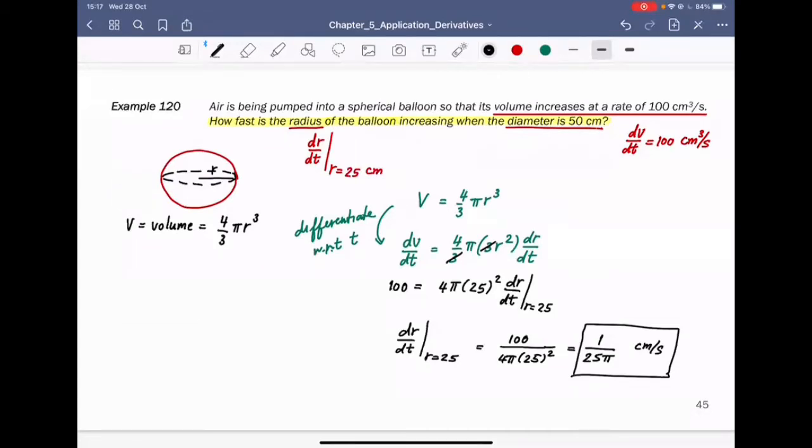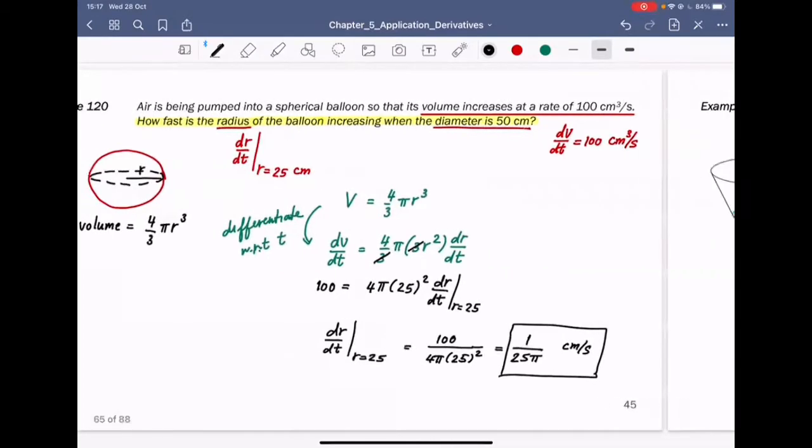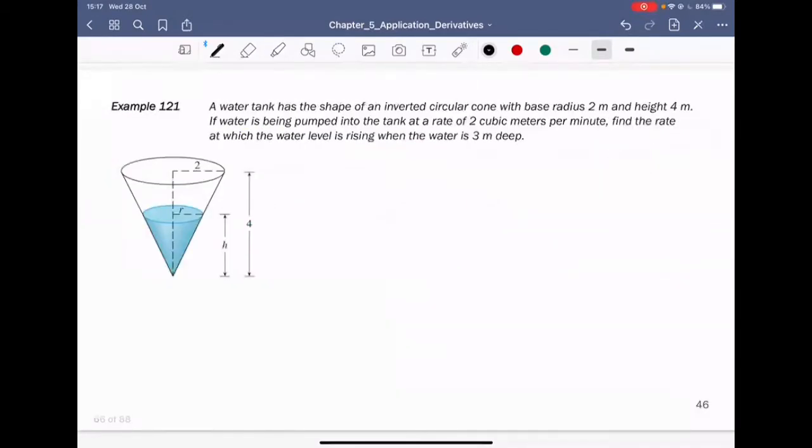The homework this week that you have to submit on Saturday has one question on related rates. For the last example, I'm going to show you how to do this problem because we need the idea of similar triangles.